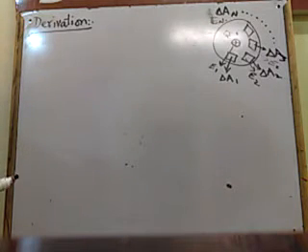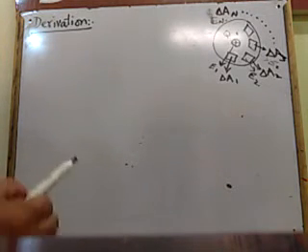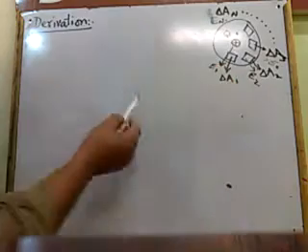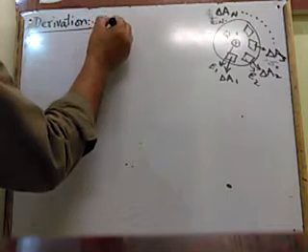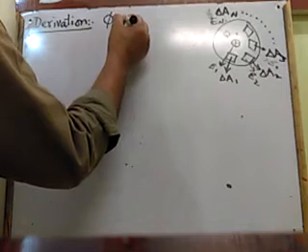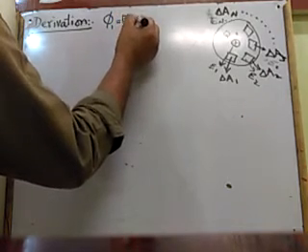Similarly, we can find the flux passing through this delta A1 by the equation of the flux: phi 1 is equal to E1 dot delta A1.